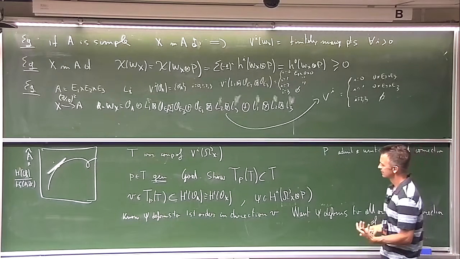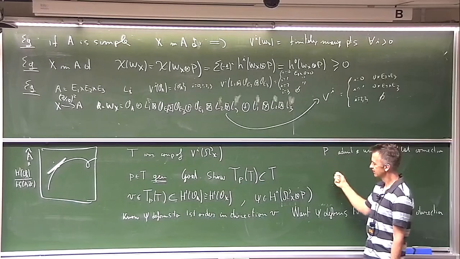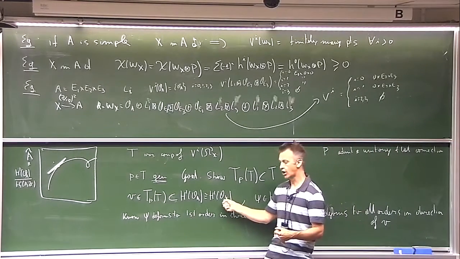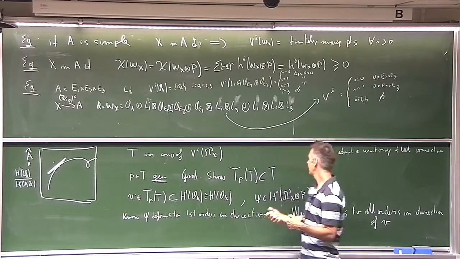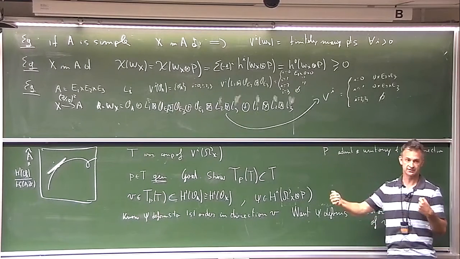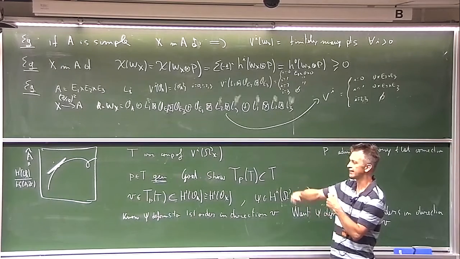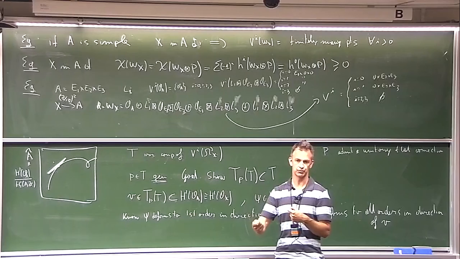You can think of it like this: you have a connection on O, and the locally constant sections are just the constant sections C. Here you have a connection whose locally constant sections are no longer globally constant, but they are locally constant, and the global data is given by a representation of pi1 in the unitary group.